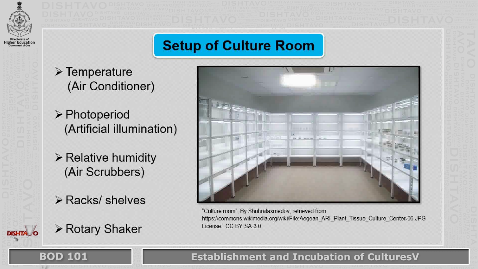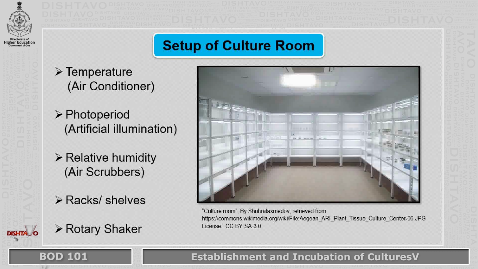As I said in the previous slide, three ideal conditions have to be provided, that is temperature, photo period, and relative humidity. The temperature is regulated by using an air conditioner, and that's how you provide 25 degrees plus or minus 2 degrees.